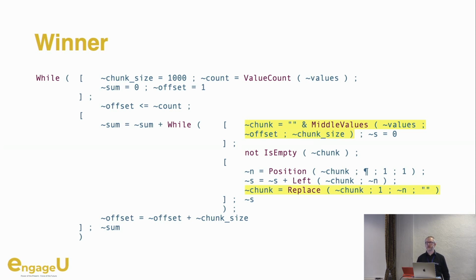What's interesting is that the chunk size, which is set in the beginning, the optimal chunk size, is not the same for all cases. Depending on what kind of values you work with, in one case the best chunk size for best performance turned out to be about 3,000.